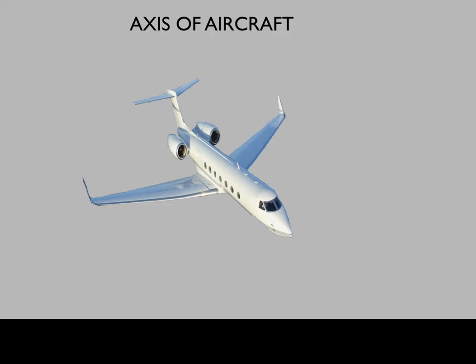The next definition which I would like to explain is the axis of the aircraft. There are three axes of aircraft which are defined to define the movements of the aircraft in its three-dimensional plane. First is the normal axis, the line joining from top to bottom.